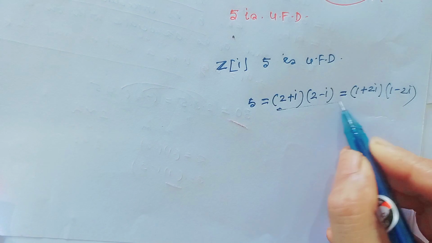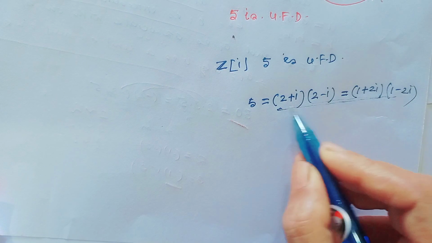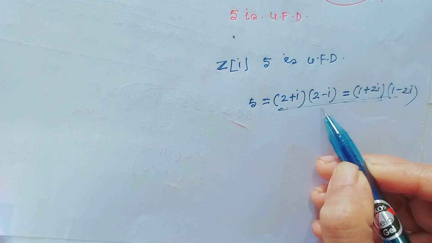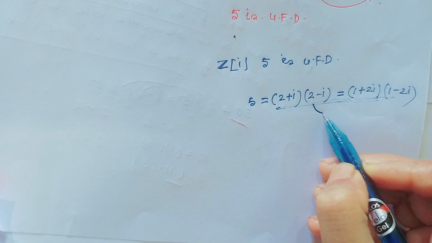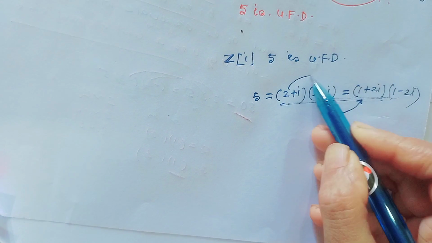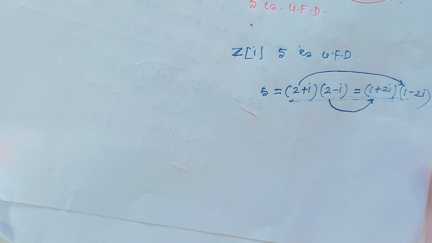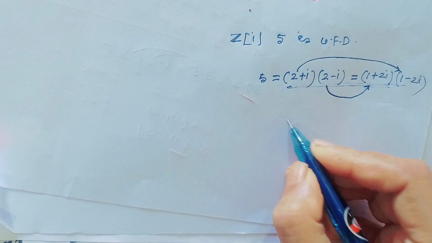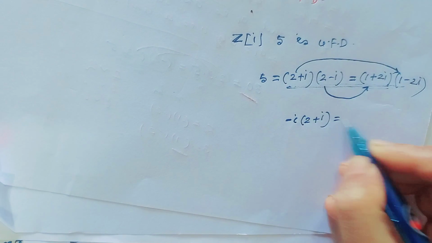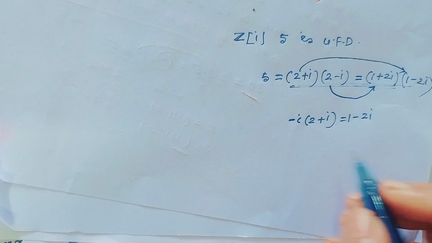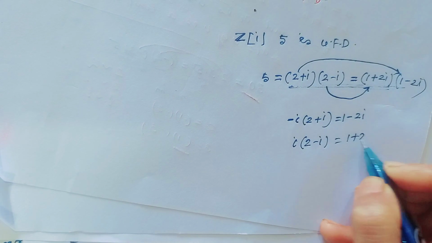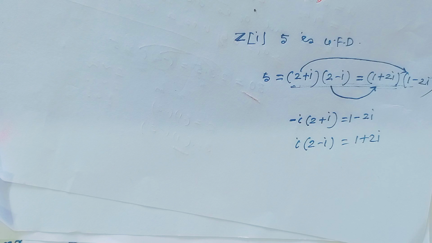These two are the same factorization because the number of factors is the same. Also 2 minus i is associated with 1 plus 2i and 2 plus i is associated with 1 minus 2i, because minus i times 2 plus i equals 1 minus 2i, and i times 2 minus i equals 1 plus 2i. I hope all viewers have understood.